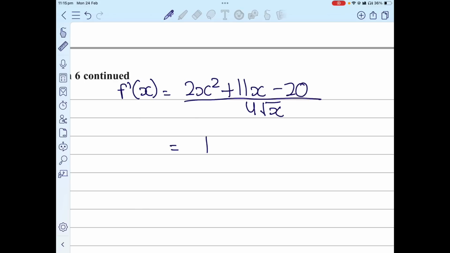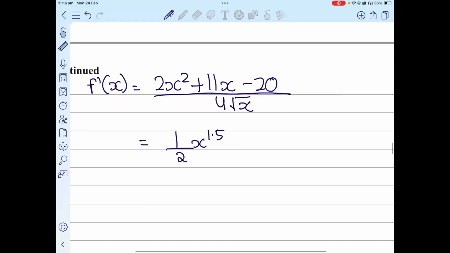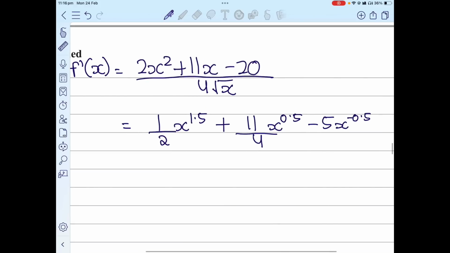So 2 over 4 is half x raised to 1.5, because 2 minus 0.5 is 1.5, plus 11 over 4 x raised to 0.5, minus 20 over 4, which is 5, x raised to negative 0.5, because there's no x power at the top and only 1 at the bottom, so it's going to be negative of that. Now this is basically the f dash x function.